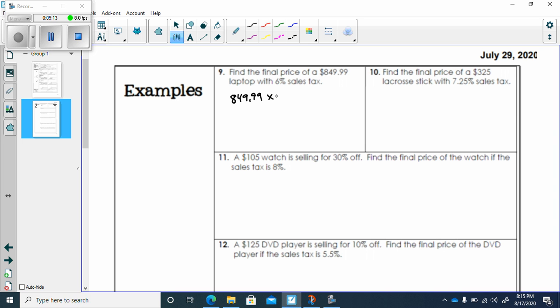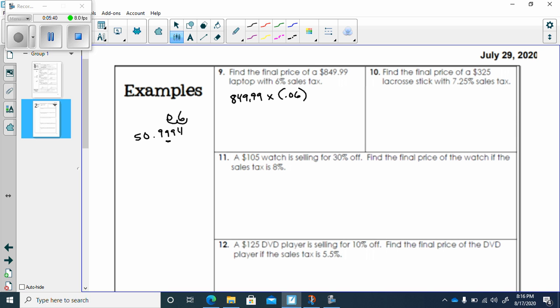We would multiply that by 6%. Now 6%, you move it two places when you're talking percent. That's 0.06. 849.99 times 0.06 gives me, here's the interesting thing, 50.9994, but I only need 2 decimal places.